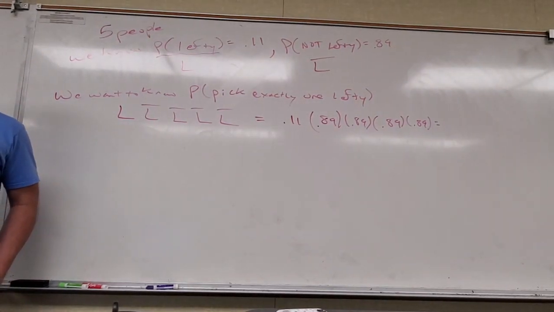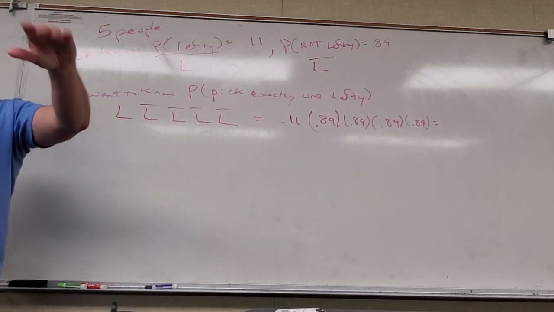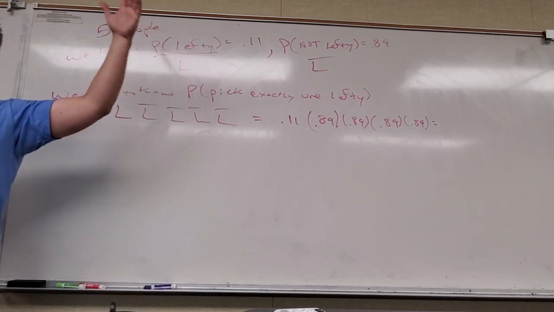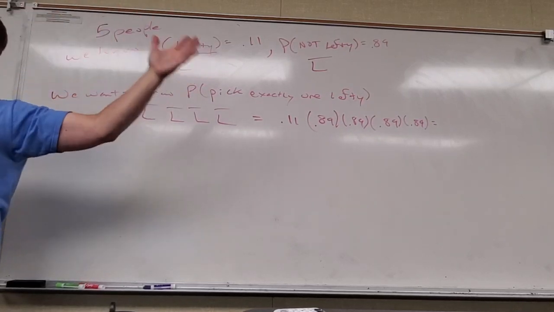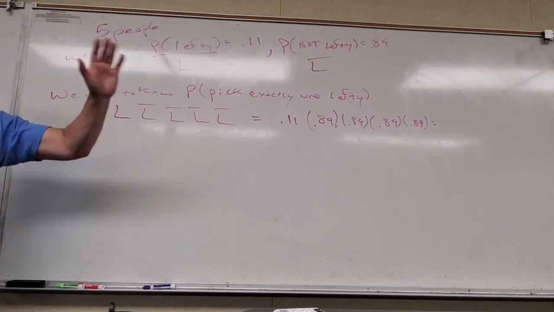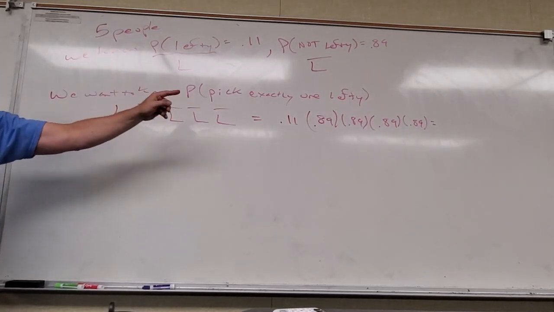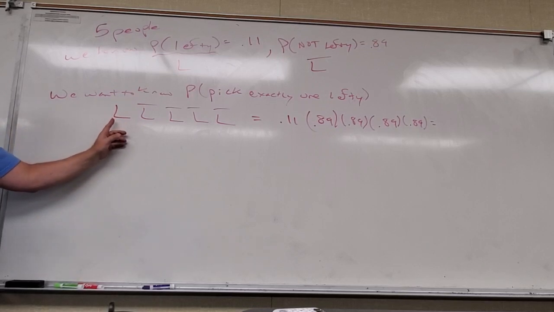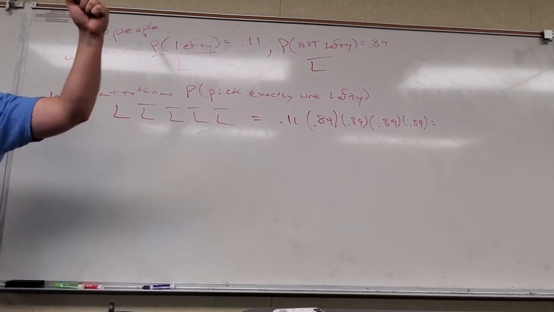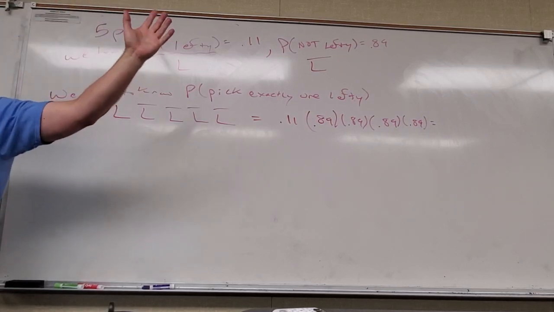I think I said it wrong earlier, but it's all right. So if I choose 5 people from America, what's the probability I get exactly one left-handed person? This right now is not the answer to that question. This is the answer to what's the probability the first one's a left-handed person and the other 4 aren't. Why does that not answer the question?